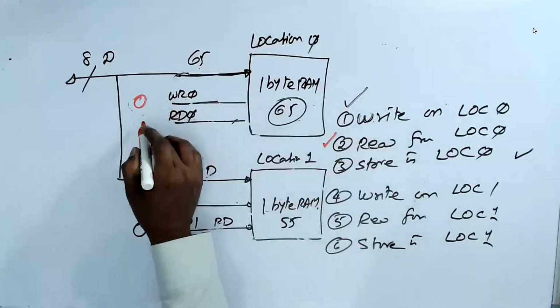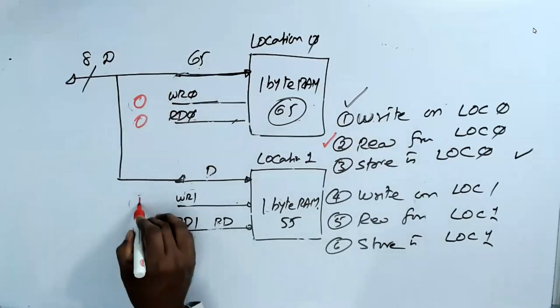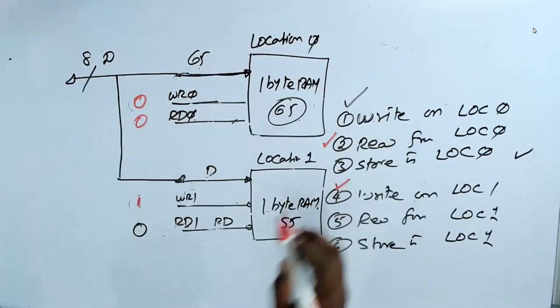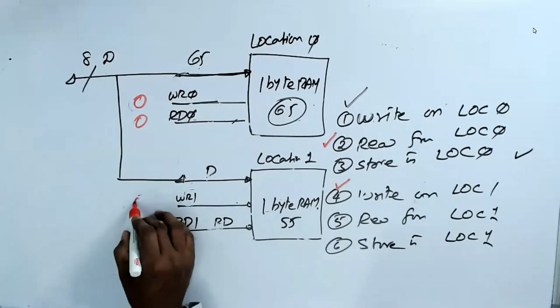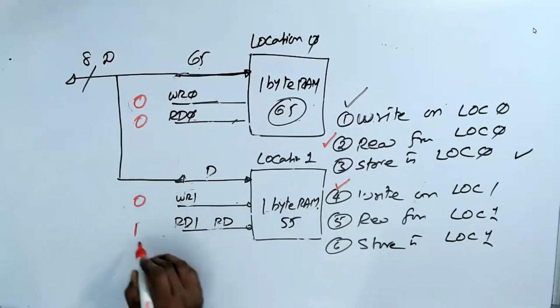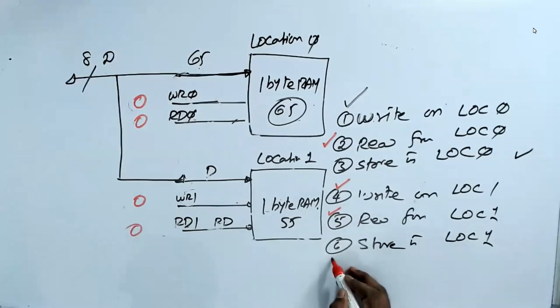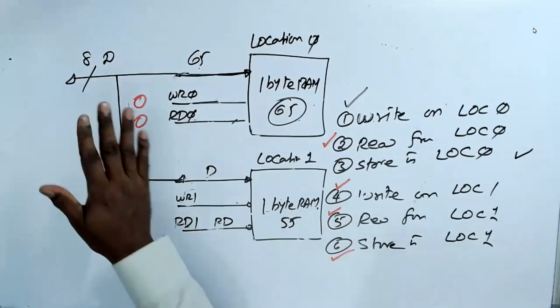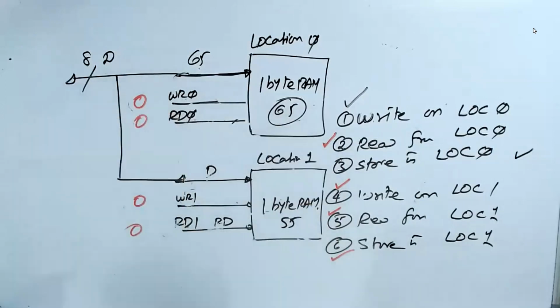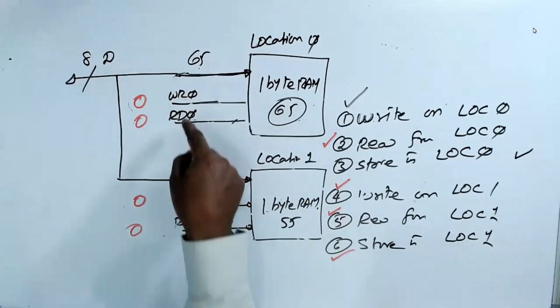When I make read as 0, write as 1, I make write location 1. When I make read as a 1, I make this operation. When both are 0, store. Am I right? So when I give everything 0, the data is stored here. But when I am reading or writing, I cannot do all simultaneously, I'll do only one.